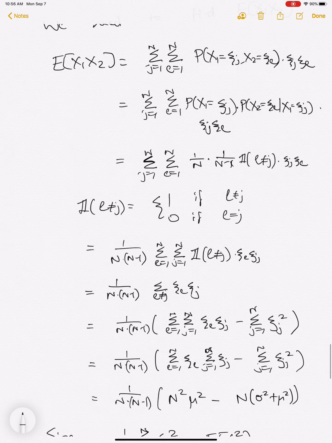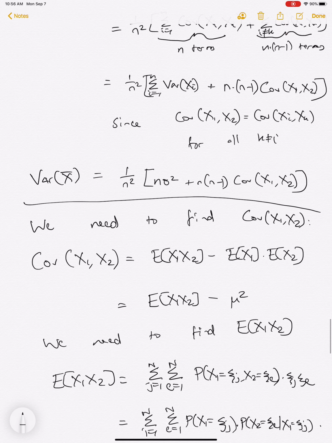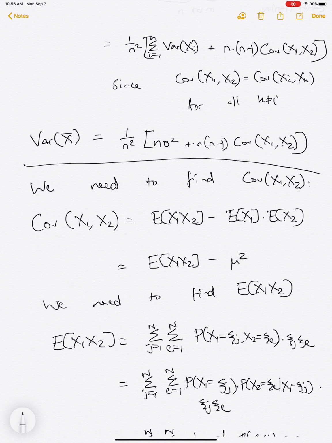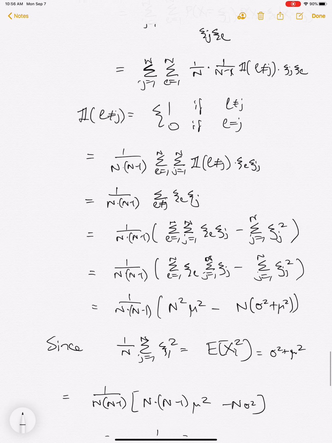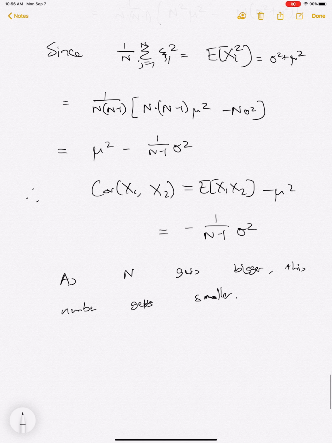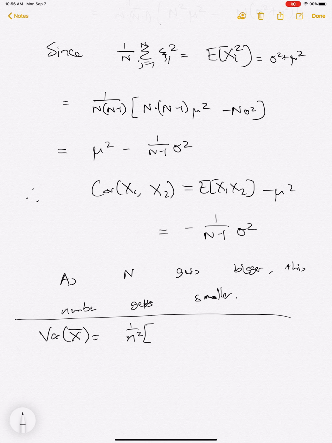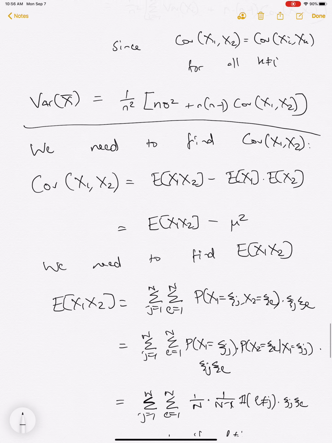So now, I know this is a lot to keep track of. Let's return to our original equation here, which just says that... so let me just remind us of that.